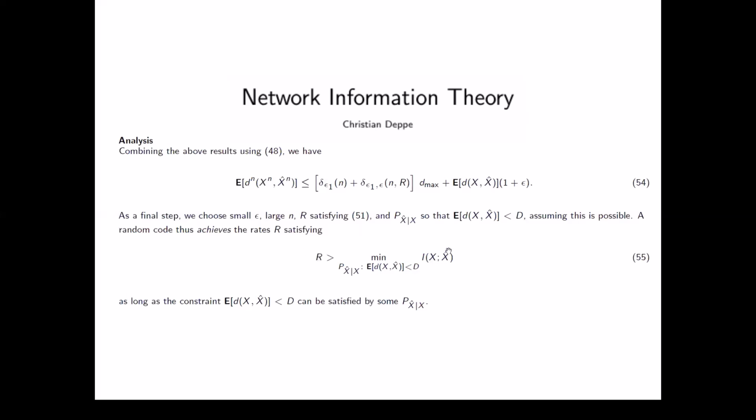That was the formula I presented at the beginning of the proof. The rate is bigger than the minimum over all artificial channels, with the condition that the expected value of the distortion is smaller than d, of the mutual information of x and x hat. And this is true as long as the constraint that the expected value of the distortion measure of x and x hat is smaller than d can be satisfied by some artificial channel.